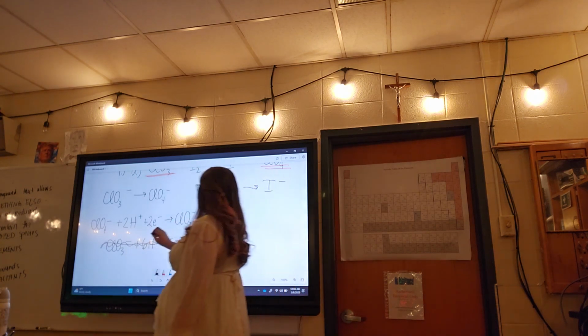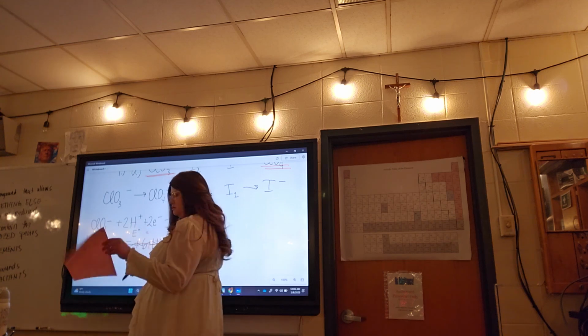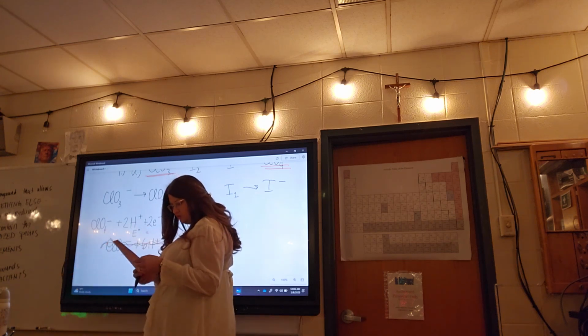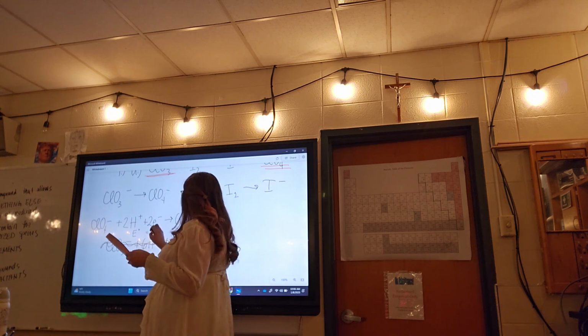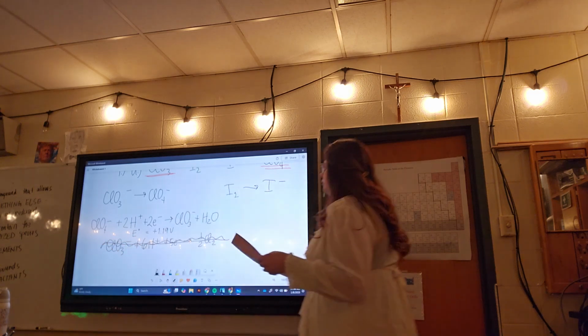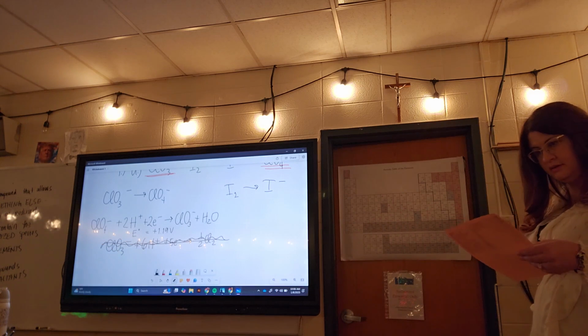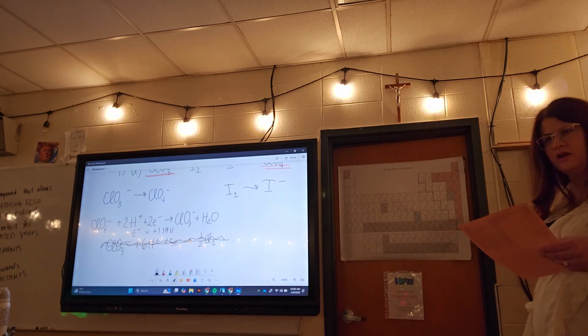Okay, so I did find this though. What is the value for E from my chart for this reaction? It's the 1.19 positive. So now I can decide right away if this is the oxidation or the reduction.